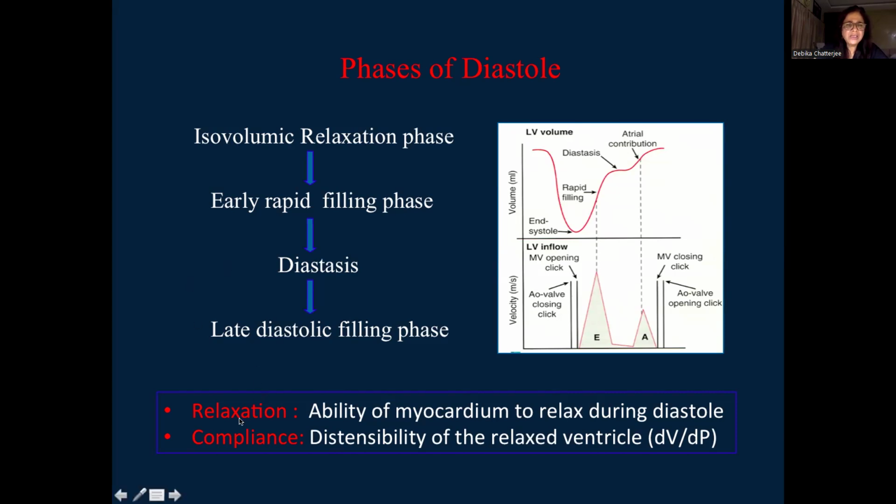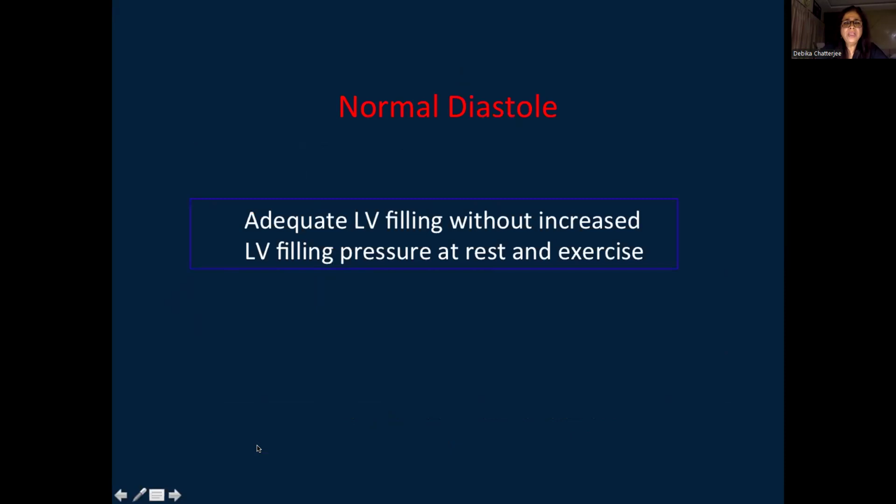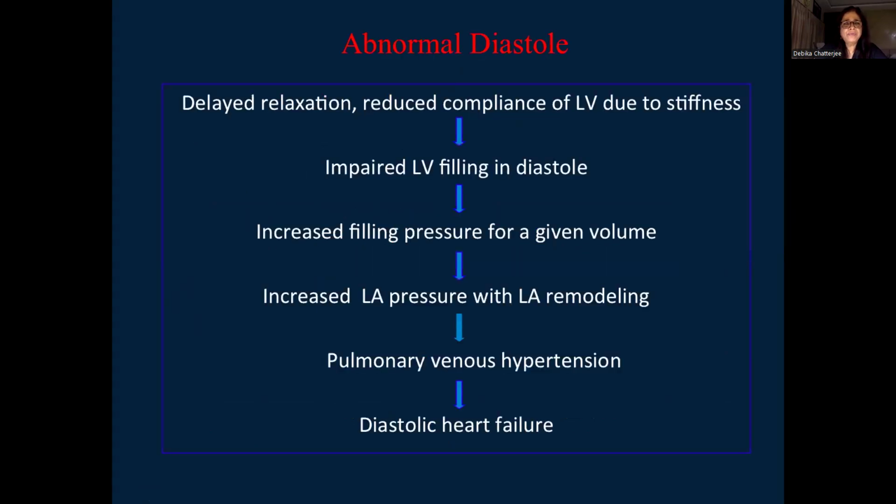If relaxation and compliance both are normal, then there will be adequate LV filling without increased LV filling pressure at rest as well as with exercise. But if there is a delayed relaxation, or a reduced compliance of the LV due to stiffness, due to various causes, which I am going to discuss, there will be impaired LV filling in diastole, leading to increased filling pressure for a given volume.